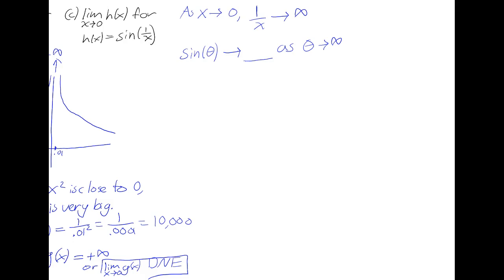So what's happening to the input into the sine function? The input into the sine function here is approaching infinity as x approaches 0. So what happens to sine of theta? Well, the graph of sine goes up and down forever. It looks like this. It's not getting any closer to one thing.